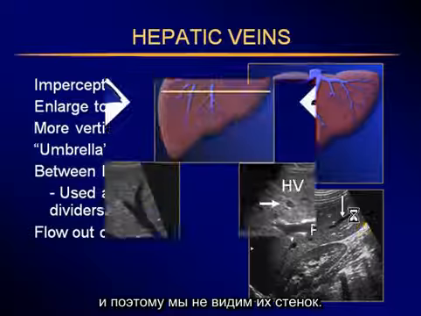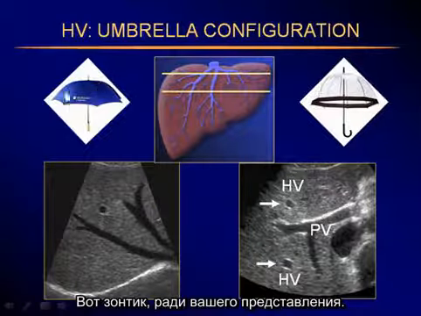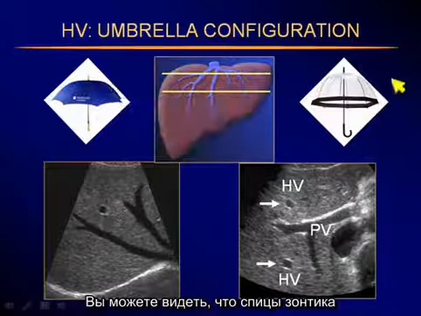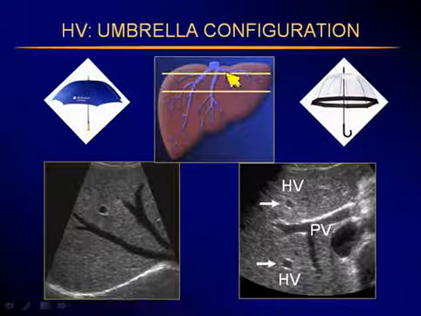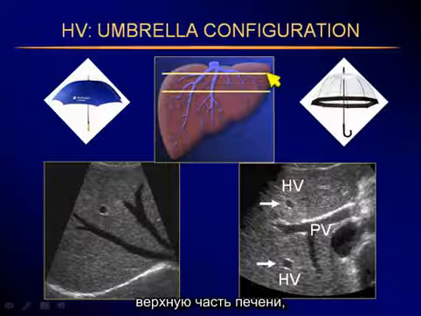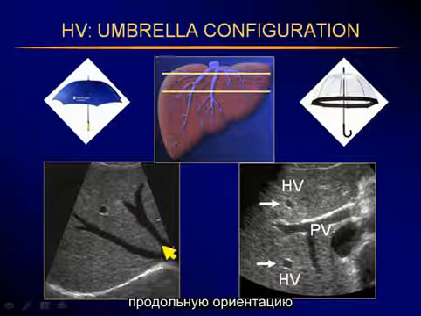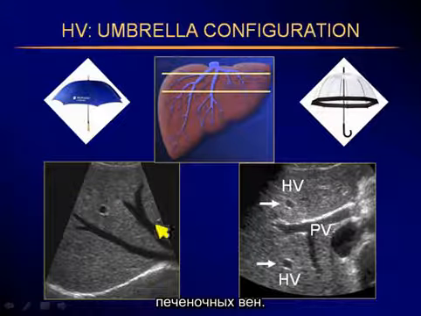perceive their walls. Here's an umbrella, just for your imagination, you can see that the spokes of the umbrella come together at the top, which is here. So if we take a slice through the very superior portions of the liver, we can see longitudinal orientation of the hepatic veins.